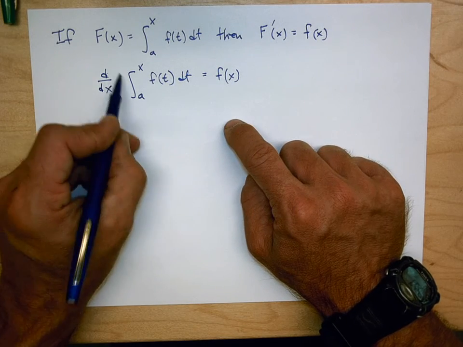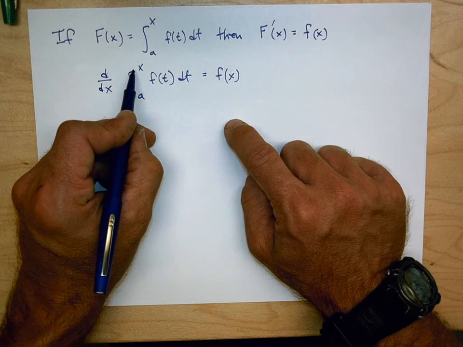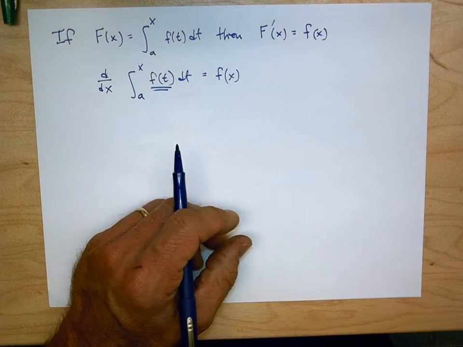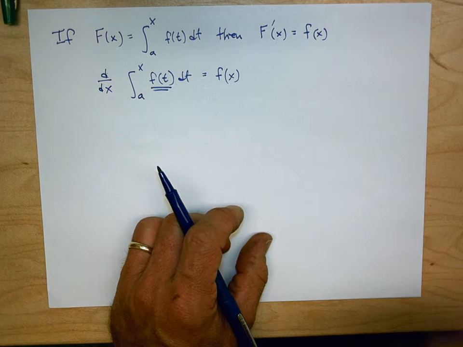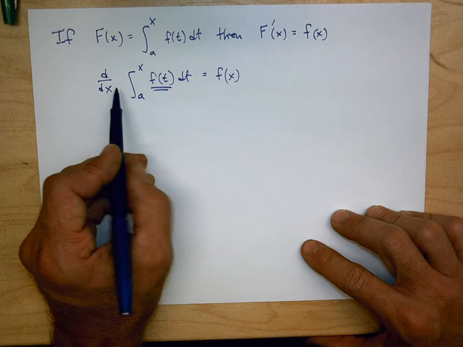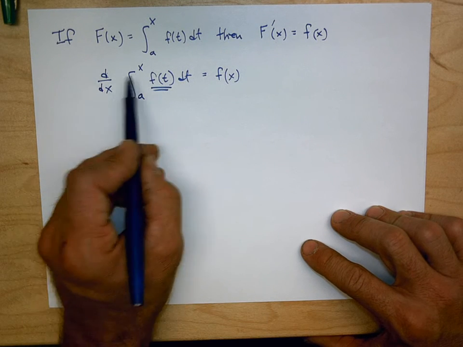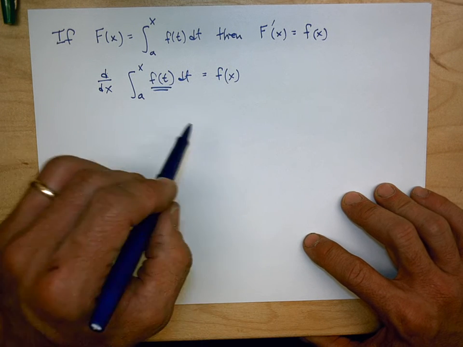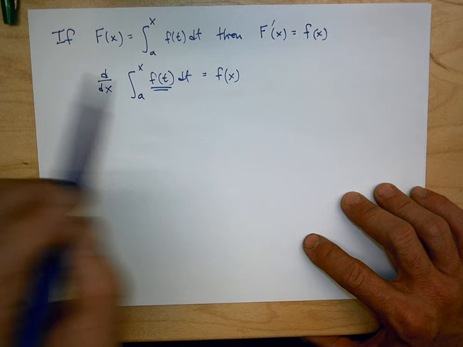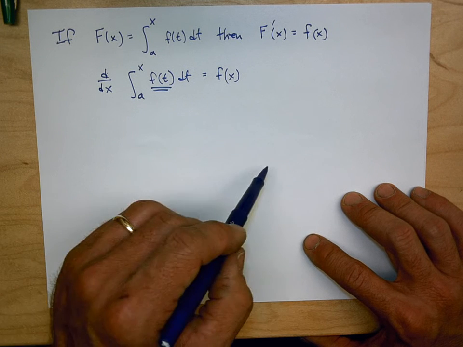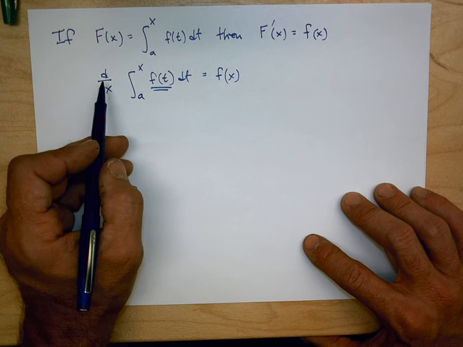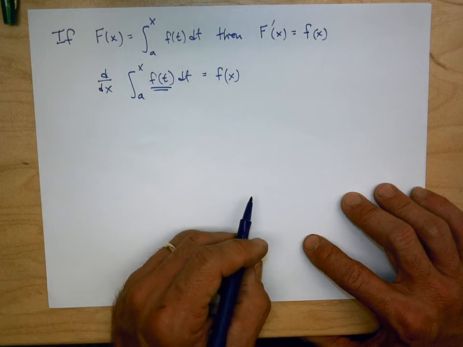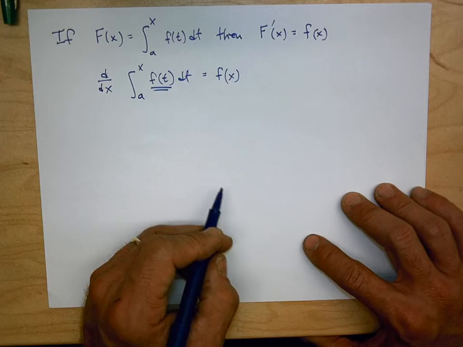So I'm taking the derivative of the integral, and it just gives me back the integrand. So what this shows is that differentiation and integration are inverse processes, just like addition and subtraction undo each other, just like multiplication and division undo each other. If you take the derivative of the integral, you get back the original function.